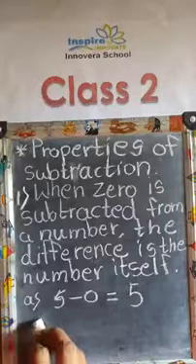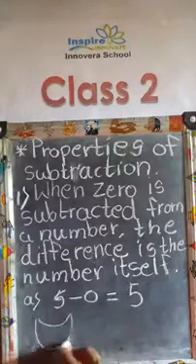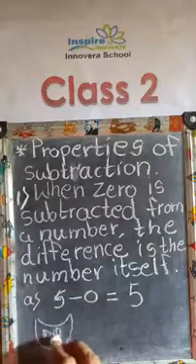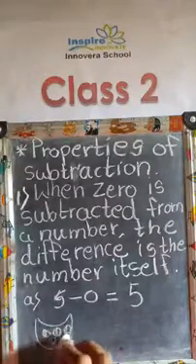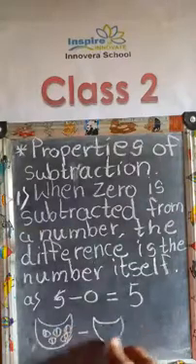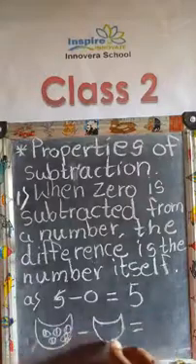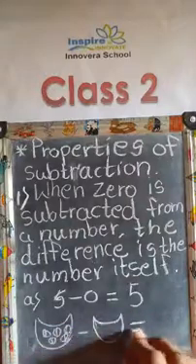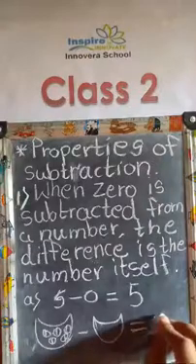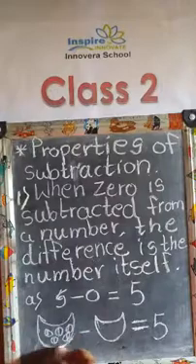Suppose in a bowl I am having 5 laddus, and in this bowl nothing is there, 0. This bowl is empty. So how many laddus are left with me? 5. So this thing you can write in your notebook.